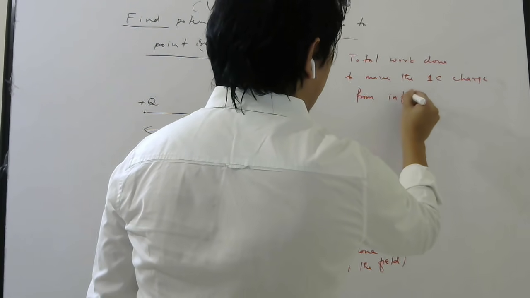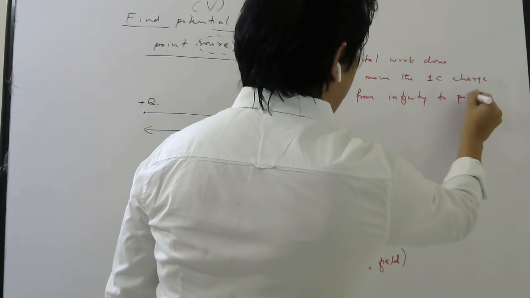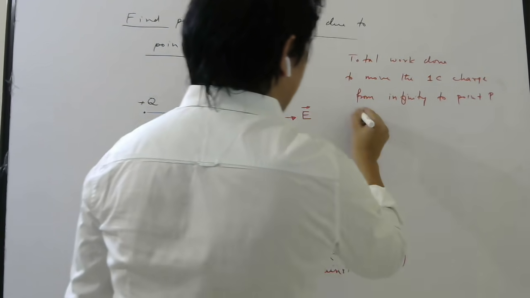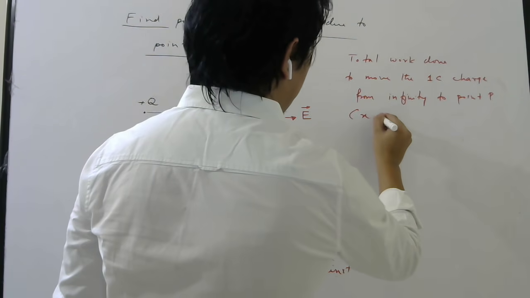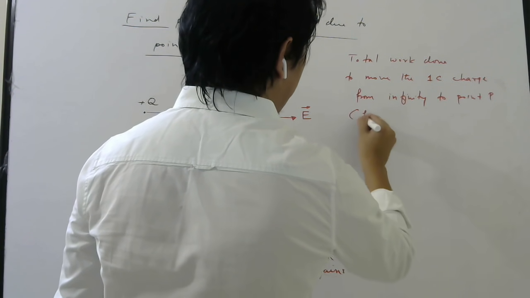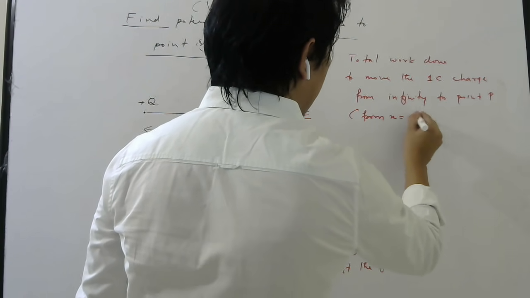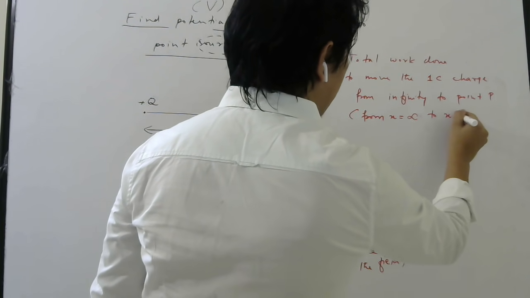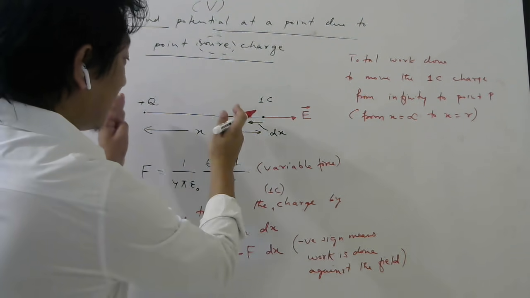Reference, no? Reference is where? Infinity. Infinity to point P, let us say. That means your x variable should start from infinity. So in bracket you can write from x equals infinity to x equals some distance r. That r is the final distance where you will stop.